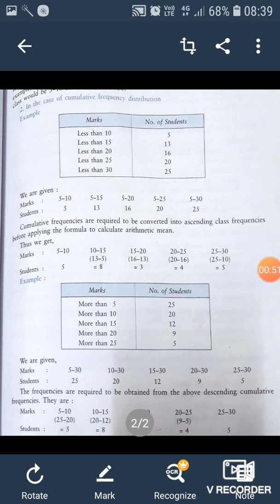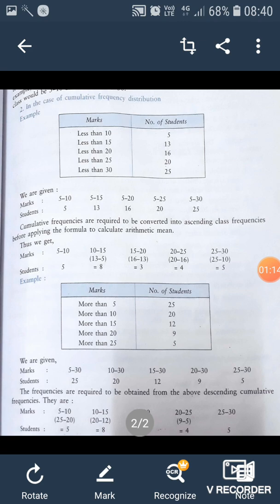Then about the frequency, we have to create the frequency. The number of students shows us the cumulative frequency. We will take the first interval value as 5, as it is. Then for the next interval 10 to 15 we will take 13 minus 5, so it will be 8.